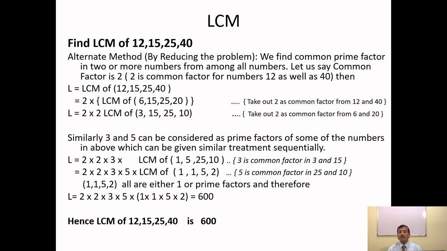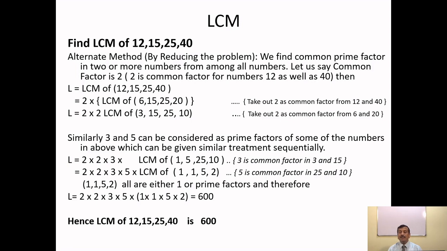Similarly, 3 and 5 can be considered as prime factors of some of the numbers above, which can be given similar treatment sequentially. Let's take out 3 as a common factor from 3 and 15. So 3 will get reduced to 1, 15 will get reduced to 5.